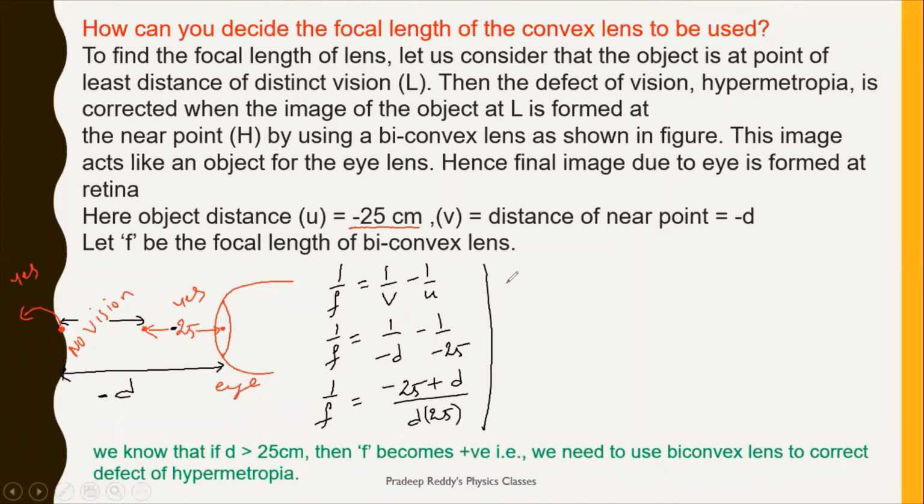Now from this you can write F is equal to 25 into D divided by D minus 25, right? Now take this as equation number 1.